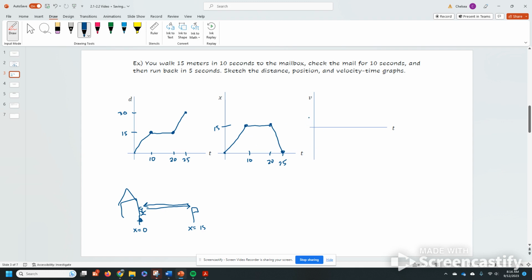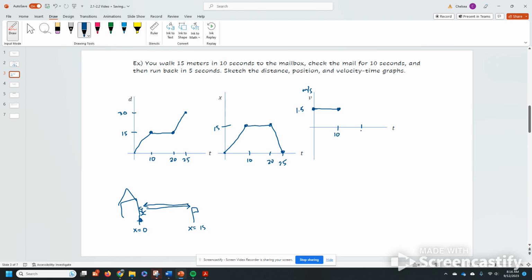And then the last one, velocity versus time. We're going to look at the slope of our position time graph. So for this first 10 seconds, I'm traveling 15 meters over 10 seconds, or my velocity is 1.5 meters per second. And I'm assuming I'm moving at a constant rate, so it's just going to be a horizontal line. I'm traveling 1.5 meters per second for that whole 10 seconds.